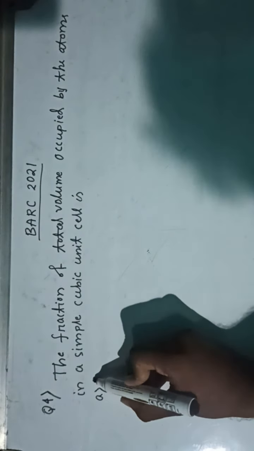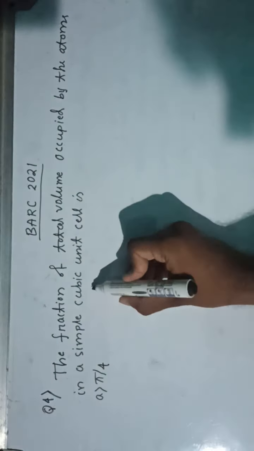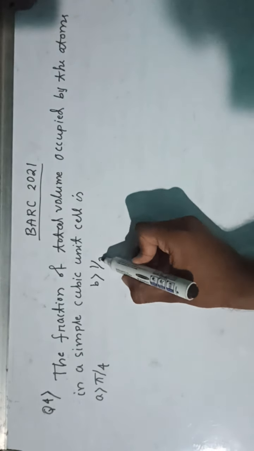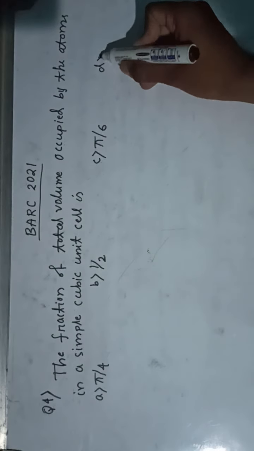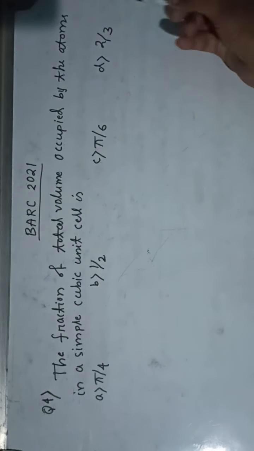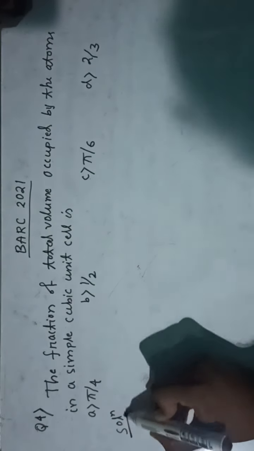In option A it was given pi by 4, in option B half, in option C pi by 6, and in option D 2 by 3. So we will proceed to its solution.